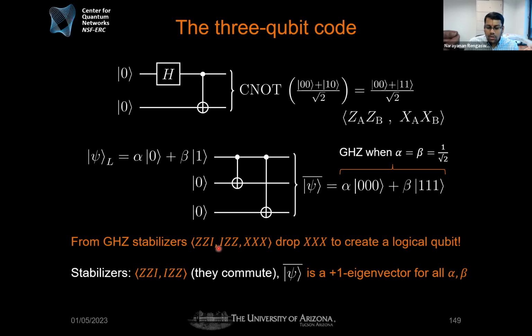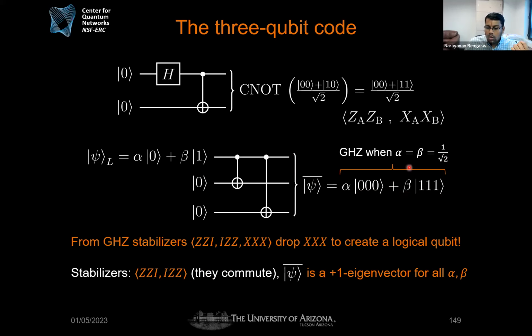But now, instead of the 3 stabilizers that you had before, this state is stabilized only by the first 2 for any alpha and beta. So let me say that again. For the GHZ state where alpha and beta are 1 over square root of 2, we have already seen that ZZI, IZZ, and XXX, the 3 form independent stabilizers.